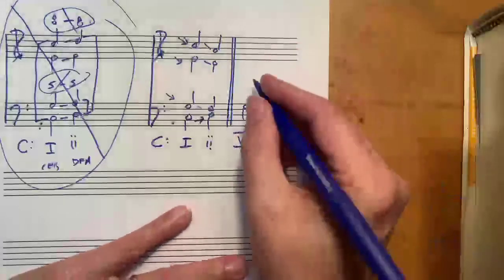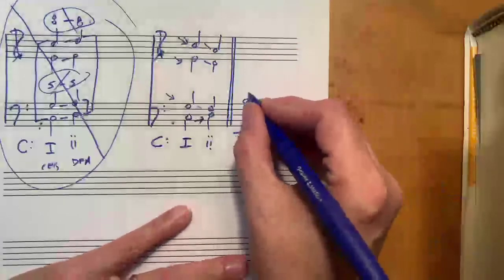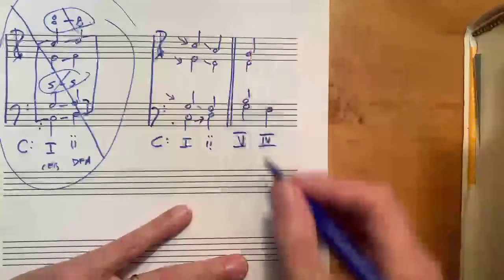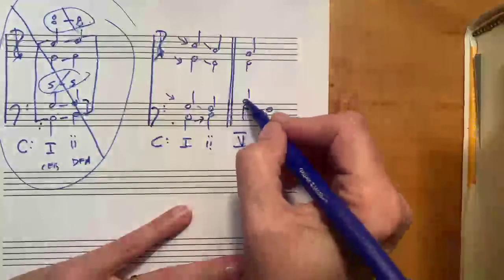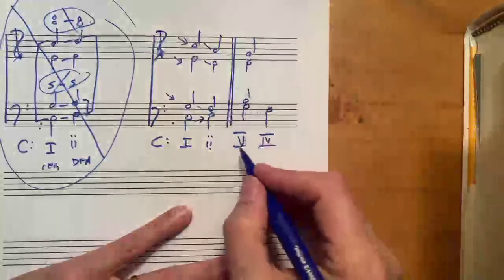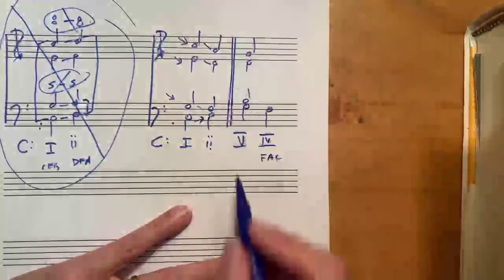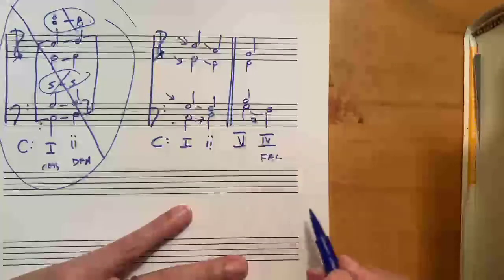Okay, so I'm going to write this first chord, G, B, D, G. So I have 2 roots, a third and a fifth. 5 to 4. 4 is F, A, C.